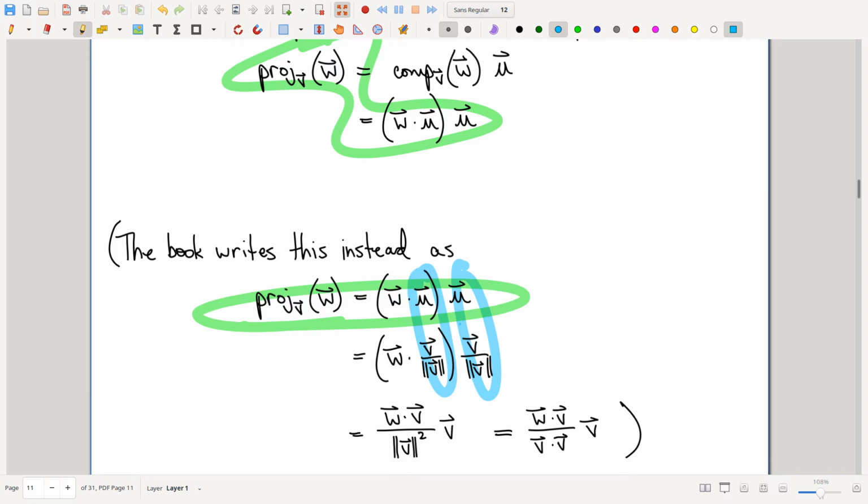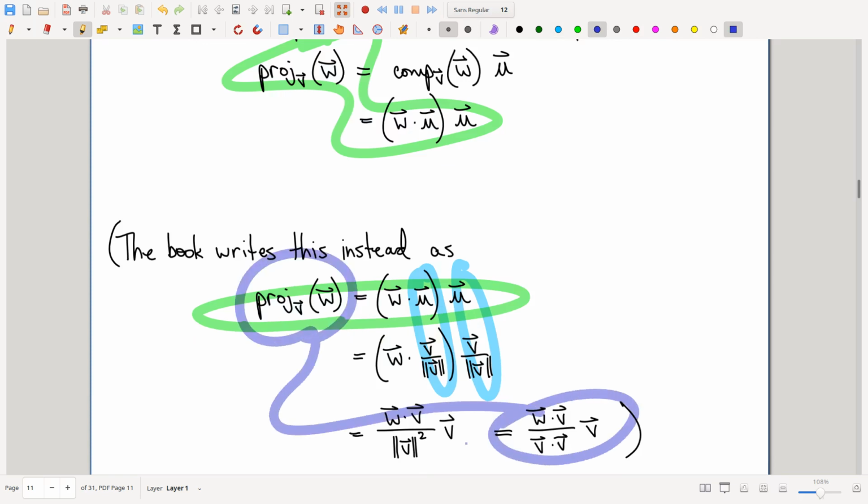And then multiplies, collects terms, blah, blah, blah, and you end up with this alternative formula for projection right there. Now we have a pro-con situation. Which formula do we like better? Do we like this formula up here, which is arguably a shorter formula, or this formula down here, which is, I'm going to say more explicit. You give me a V and a W, this tells you where to plug what in and turn the crank.